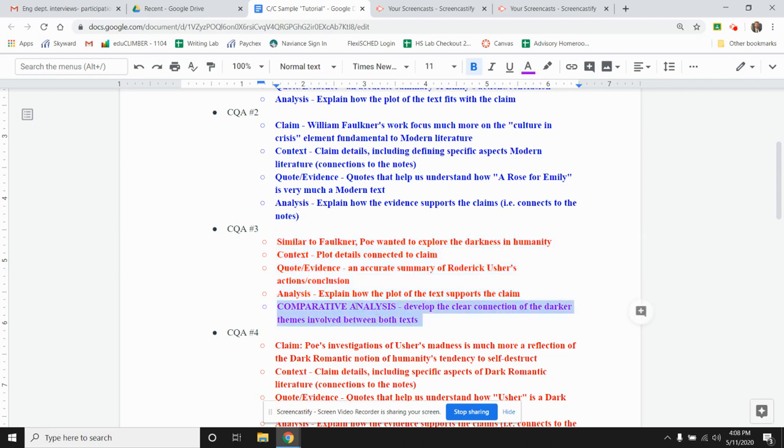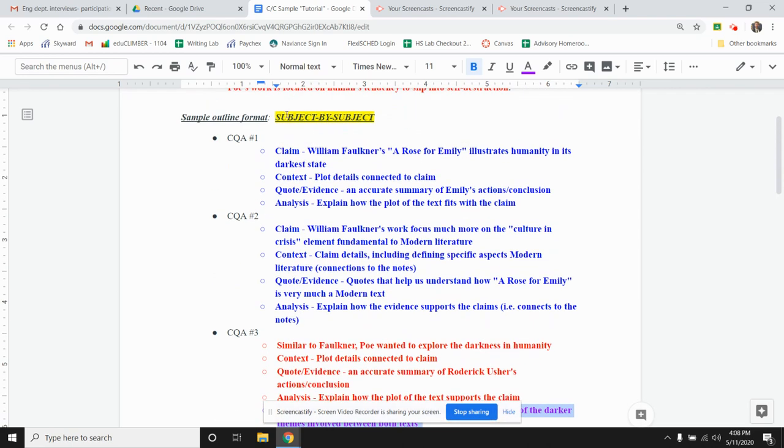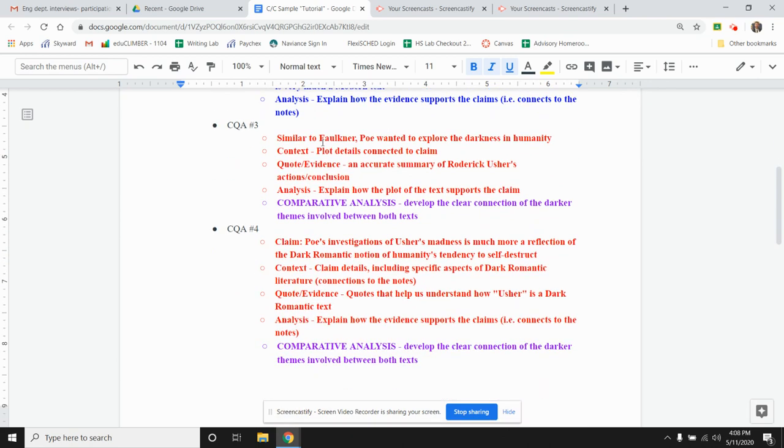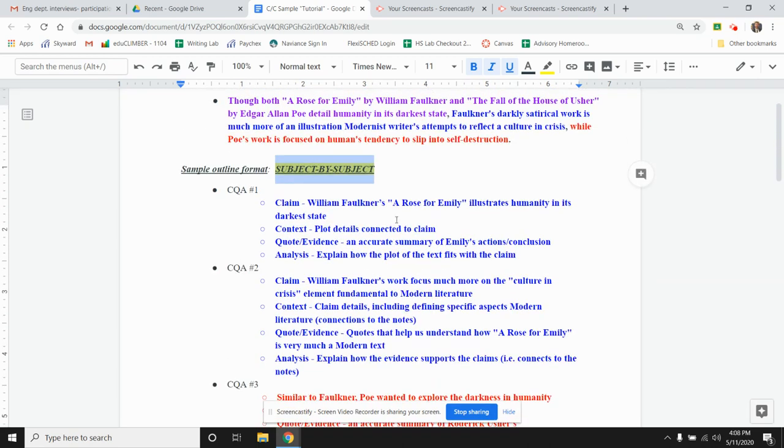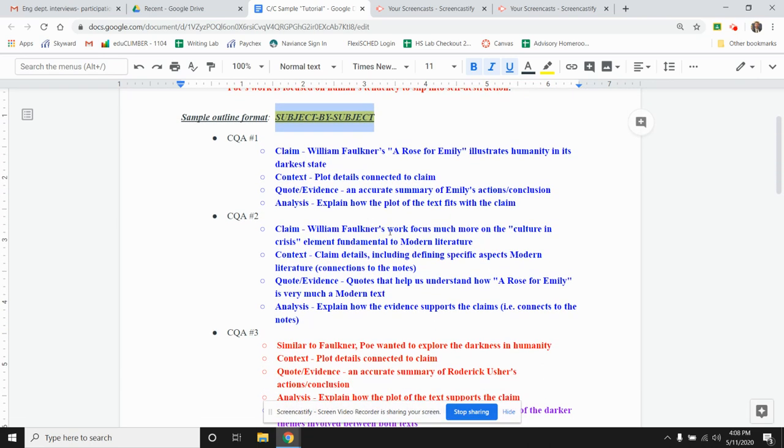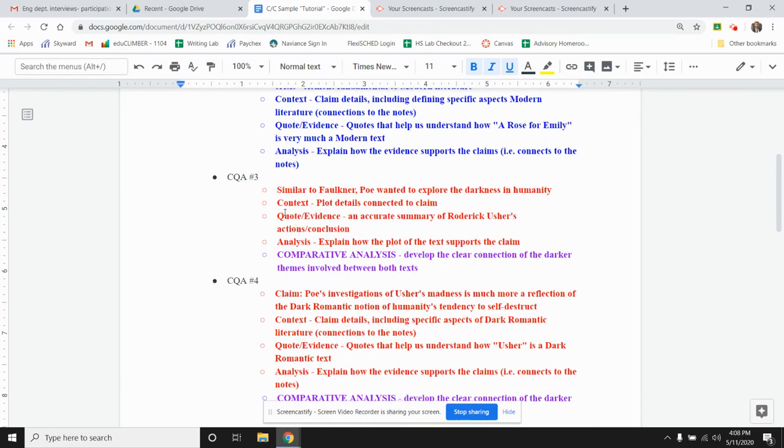However, you follow up your analysis for Poe with something that's called comparative analysis. So in CQA number 3, with subject by subject writing, you would have CQA 1, Faulkner, CQA 2, additional Faulkner information, CQA 3, talking about Poe.